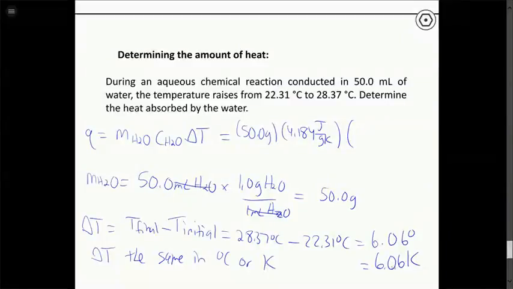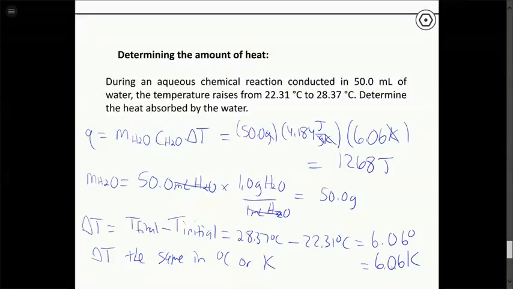Because if we were to convert each of these individual temperatures into Kelvin and then subtract them, we would still get a difference of 6.06, because to convert from Celsius to Kelvin, you just add 273 to each one. So when you're talking about a change in temperature, it doesn't matter whether you use Celsius or Kelvin, it's going to be 6.06. So grams cancels out, Kelvin cancels out, and then we get an answer in joules, which is 1268.